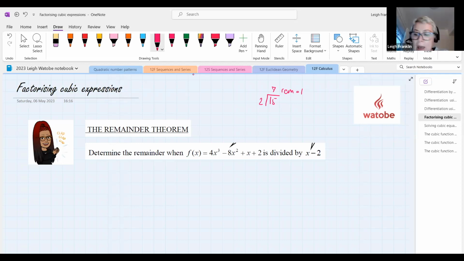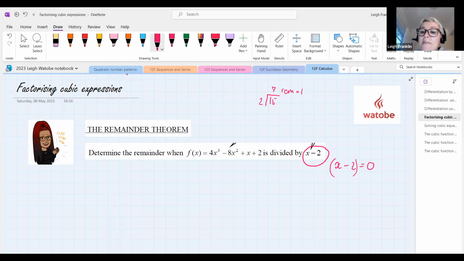When we calculate a remainder, we begin with our linear polynomial and we make it equal to 0. We would treat x minus 2 like it was potentially a factor of f of x, even though it isn't.